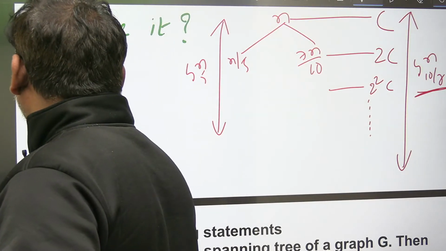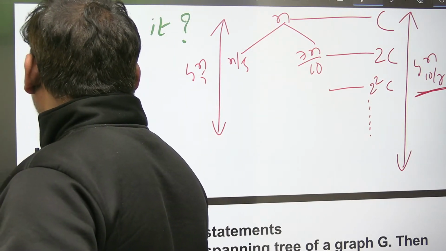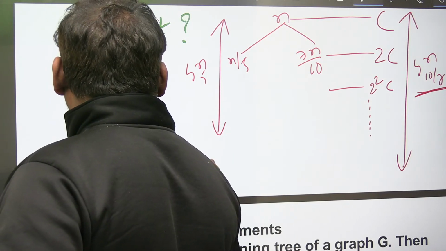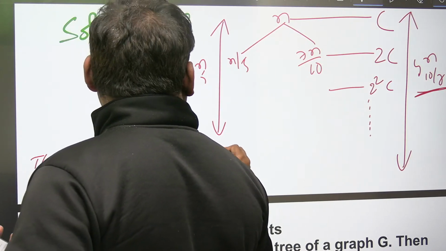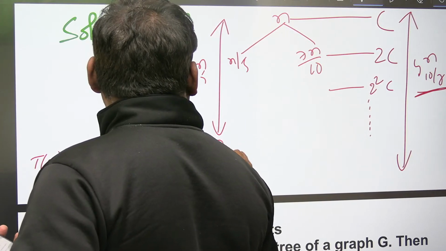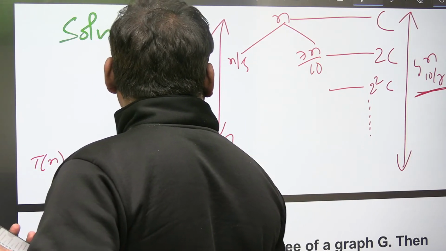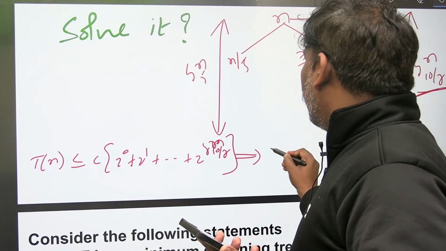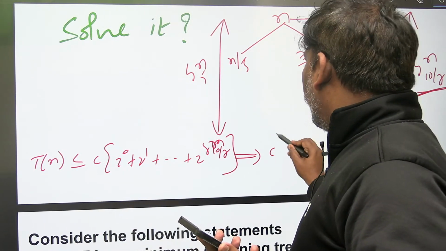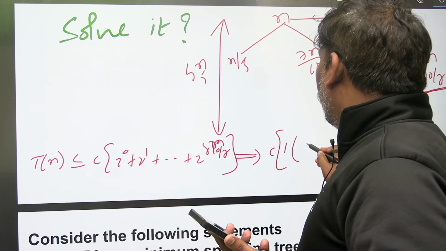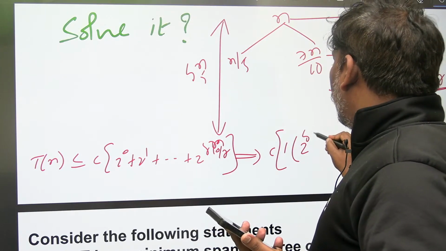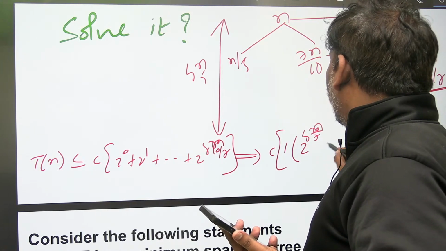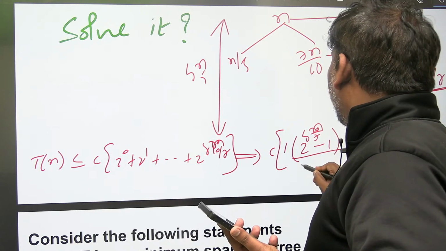Let's take the upper bound. Then it will become, C common, 2 power 0, 2 power 1 and so on, up to 2 power log n base 10 by 7. So it goes to the GP series formula. C into, that is okay, 1 into 2 power log n base 10 by 7 minus 1 by 2 minus 1.